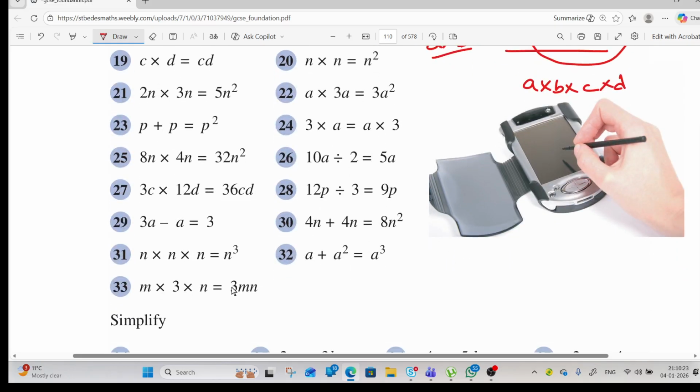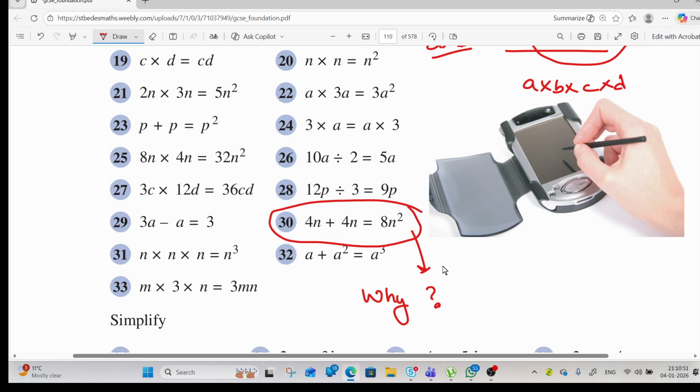Okay, so is this correct? Number 30. 4n plus 4n is 8n square. No. So why is it wrong? Can you explain? Because we only do squared when it's multiplication.